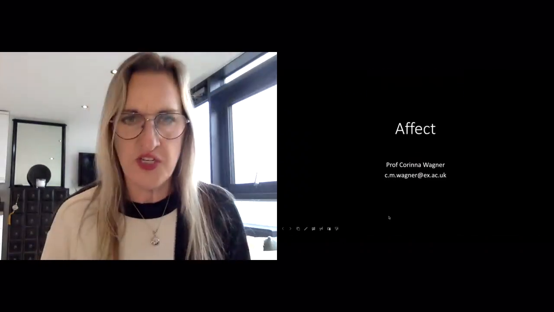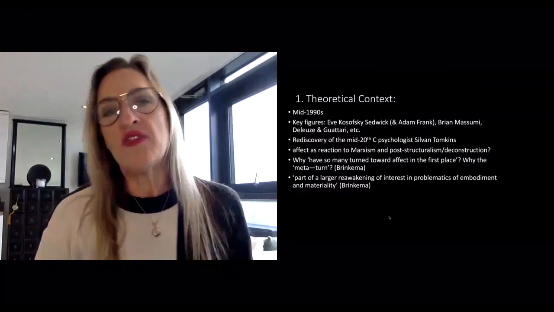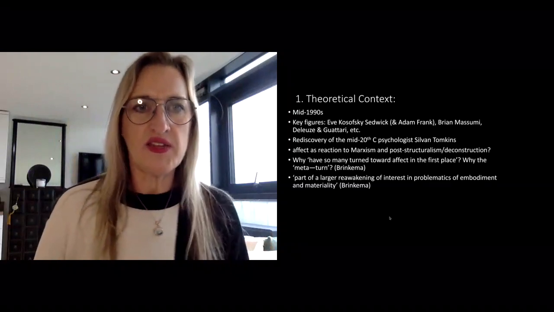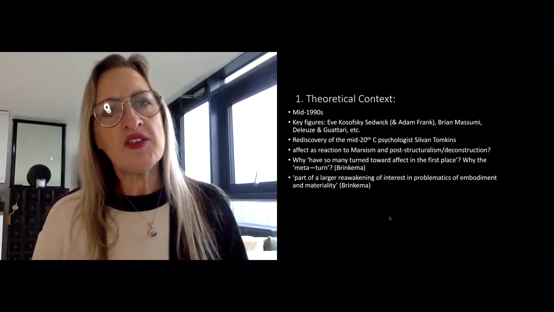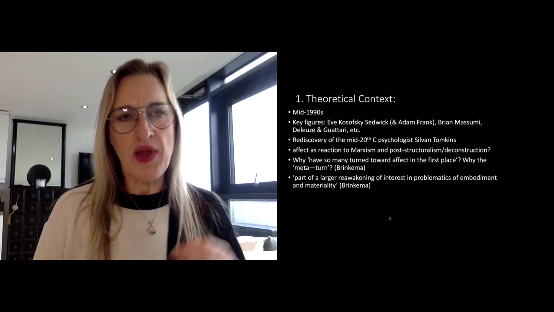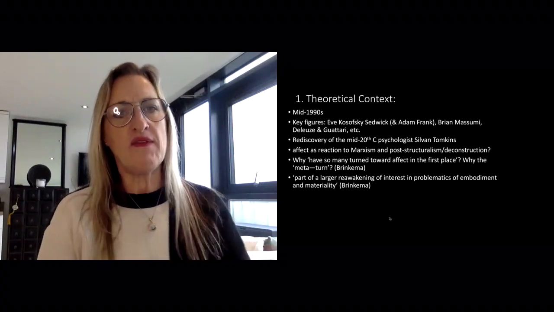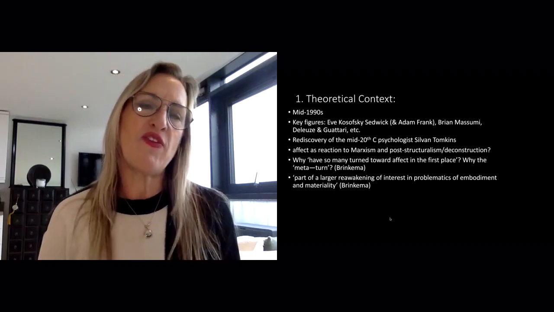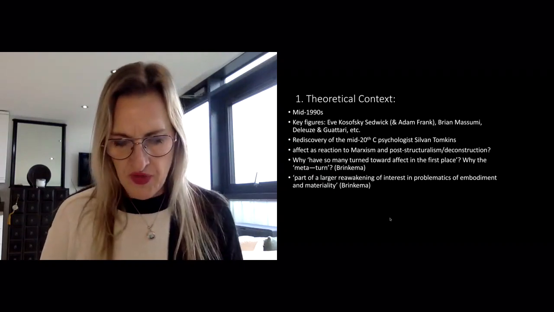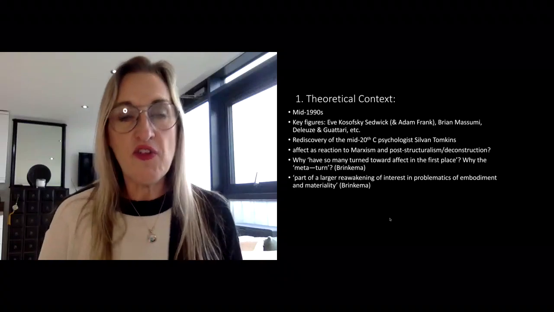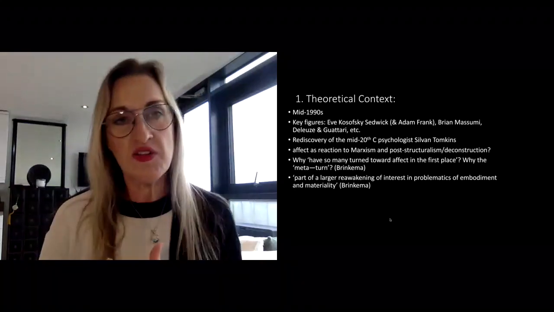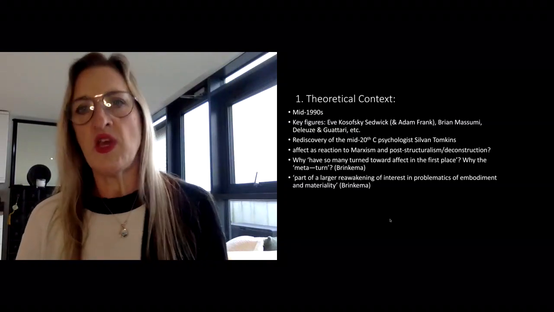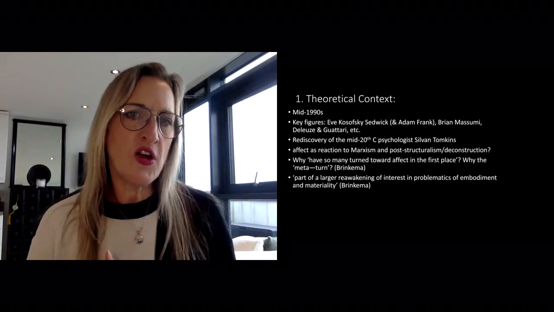Okay, affect. So what's the background or the theoretical context to this, why are we studying it in this course? Really the story begins in the mid-1990s when affect theory emerges with certain key figures, some of whom you may read if you follow up an interest in affect further, perhaps in a couple of years' time when you do your dissertation: Eve Kosofsky Sedgwick, sometimes with Adam Frank, Brian Massumi, and Deleuze and Guattari.